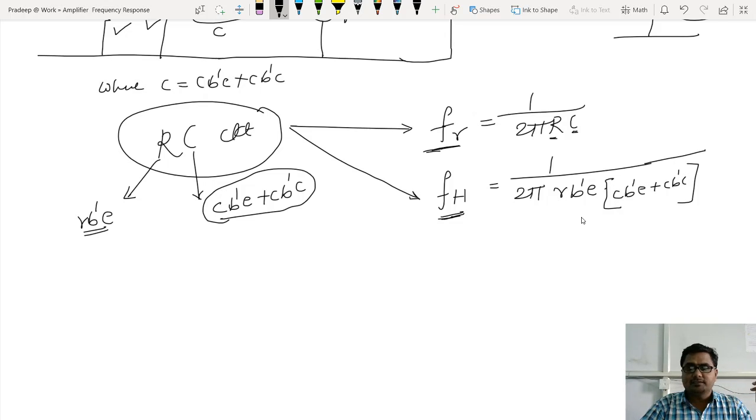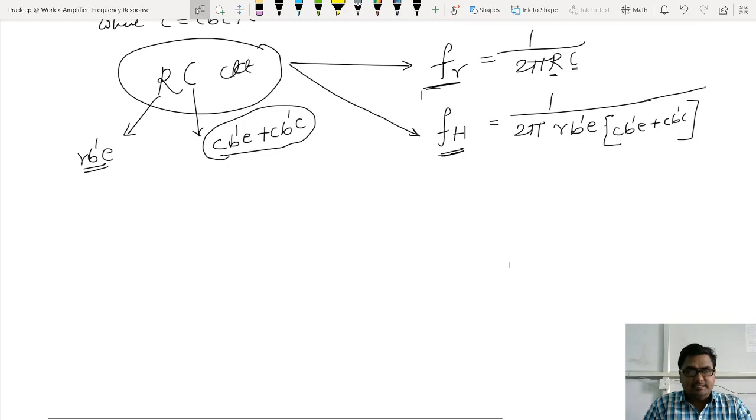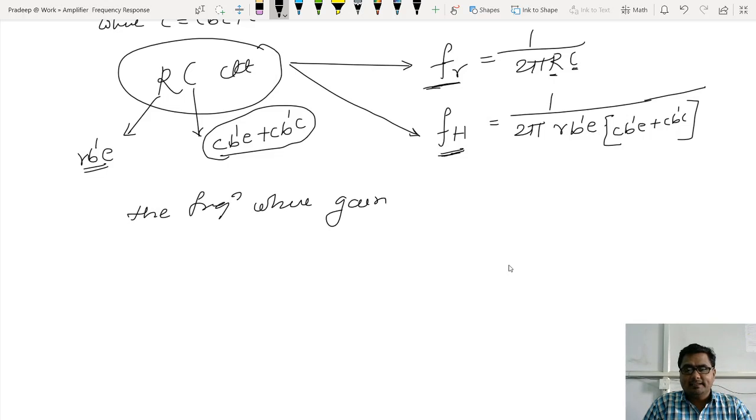Generally, the cutoff frequency, higher cutoff frequency or lower cutoff frequency, how do we define it? We define it as the frequency where gain drops to minus 3 dB. If it is an RC circuit, the maximum gain is 0 dB.